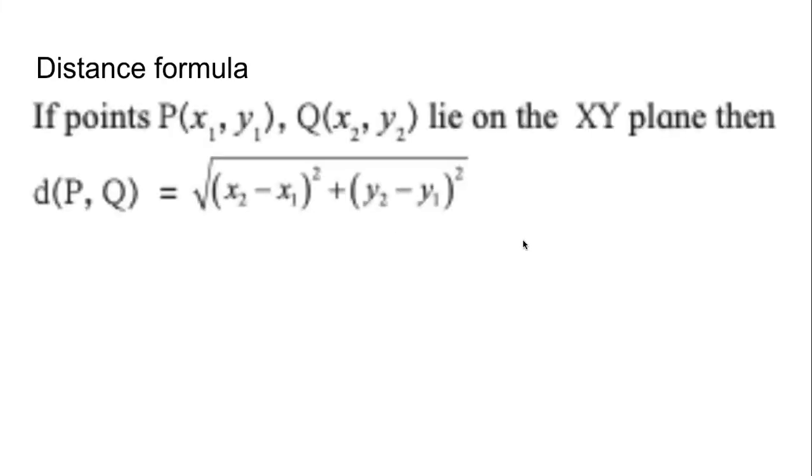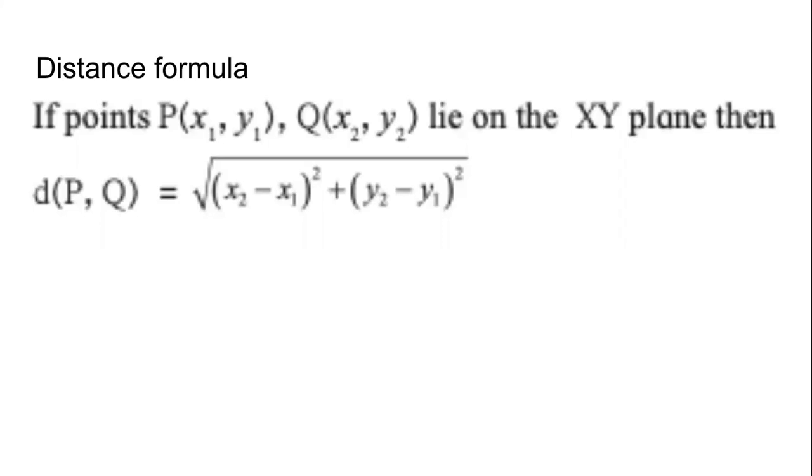Distance formula, in a very general way, is denoted like this. If we have 2 points P and Q with coordinates x1, y1 and x2, y2, then the distance between them, and very important here is that they are on one plane. At this point in time, we are only talking about one plane.